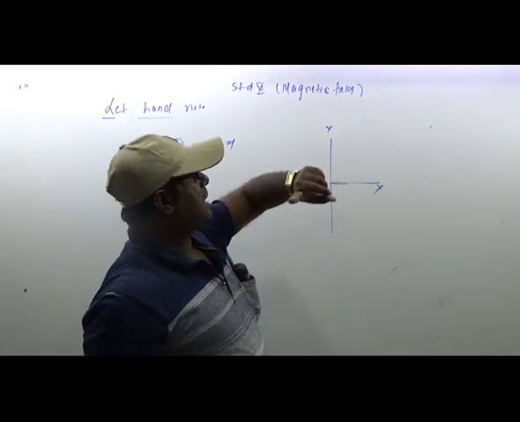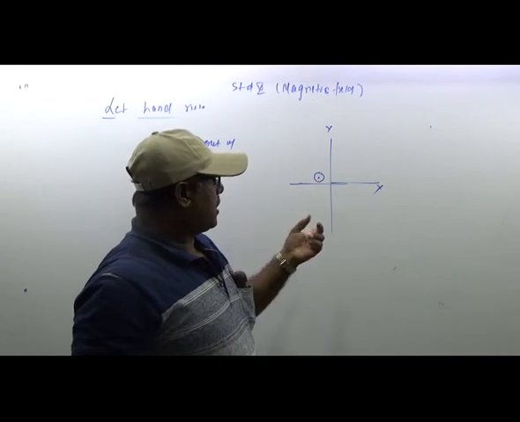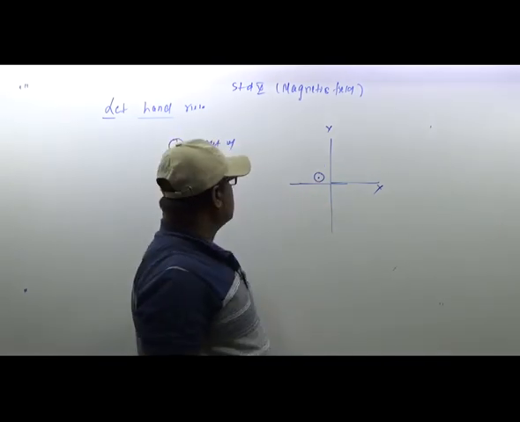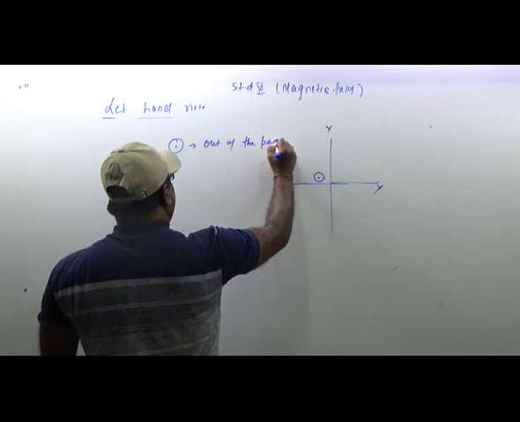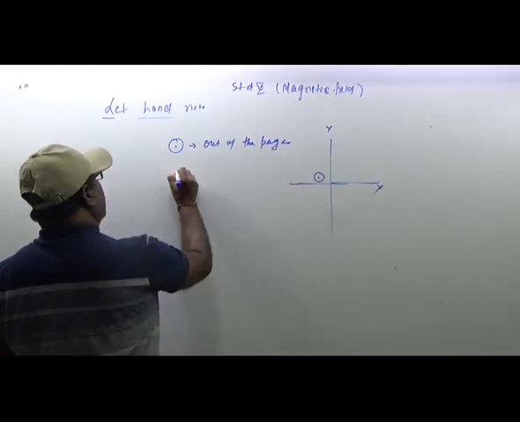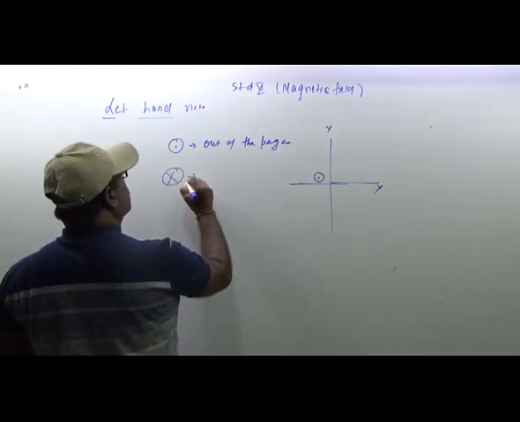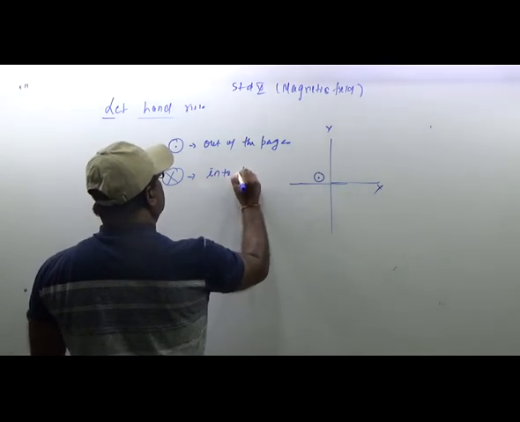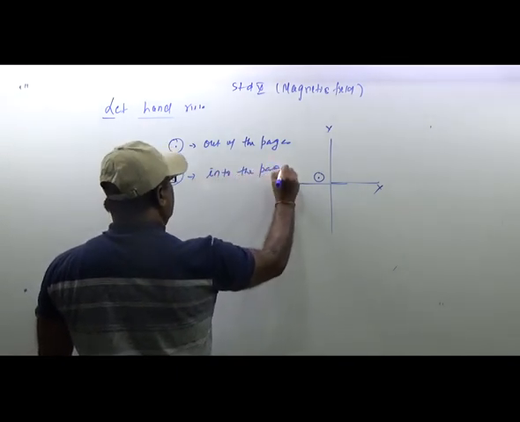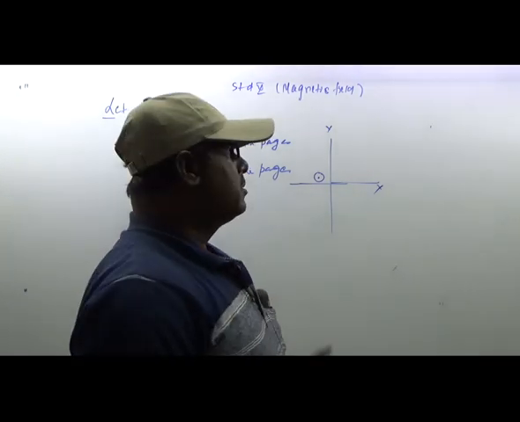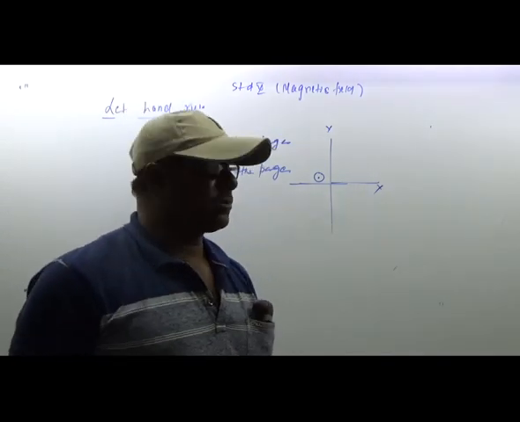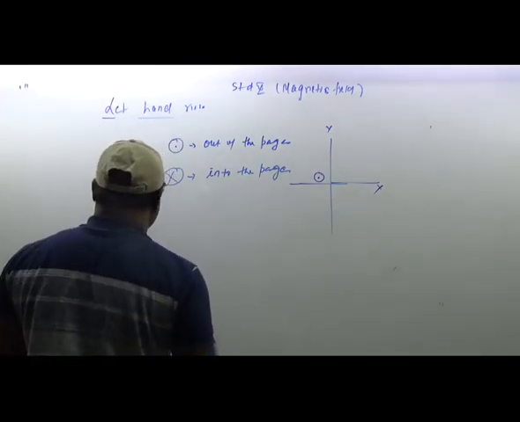So if it is like this, we have to represent this. If it is into the page, then we have to see another symbol for out of the page. And if it is like this, it is into the page. So we have the facility to show this in 3-dimension.